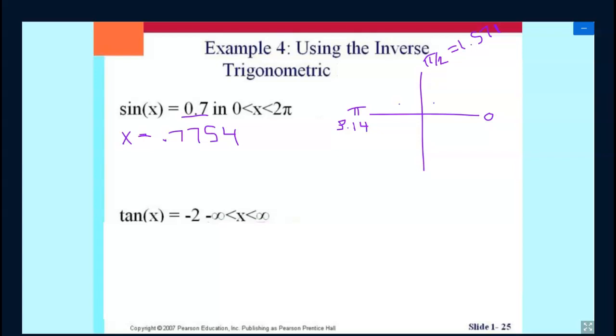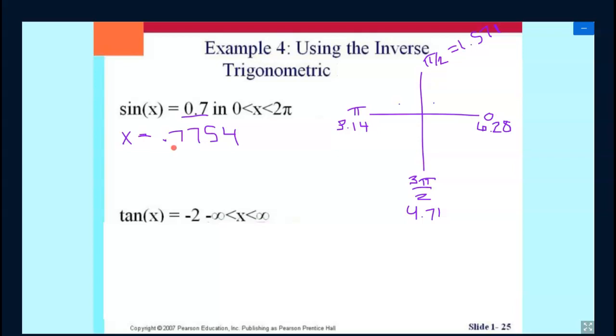And then 3 pi halves is between pi and 2 pi. What's 2 pi? Yeah, you just got to double 3.14, right? So what's probably going to be in the middle of 3.14 and 6.28? You're pretty close. 4.71.